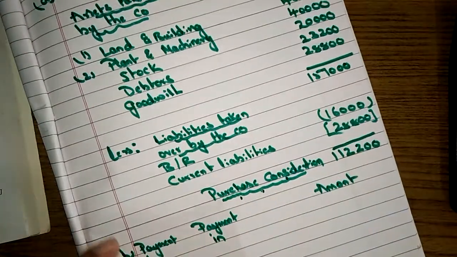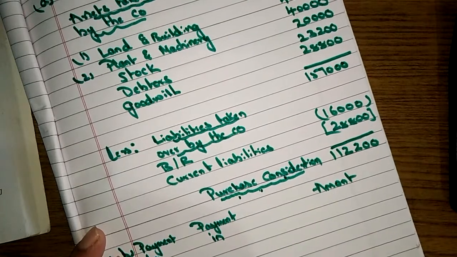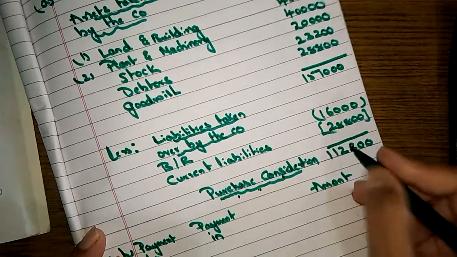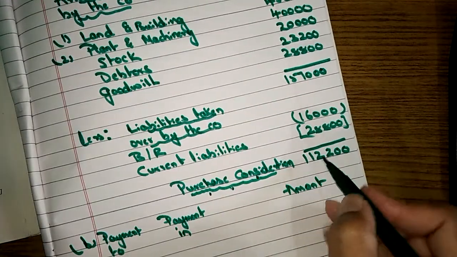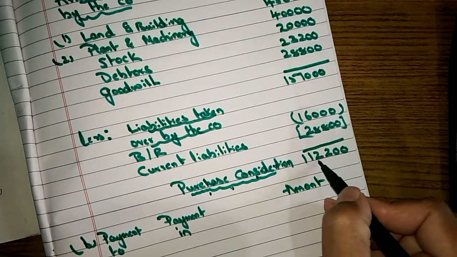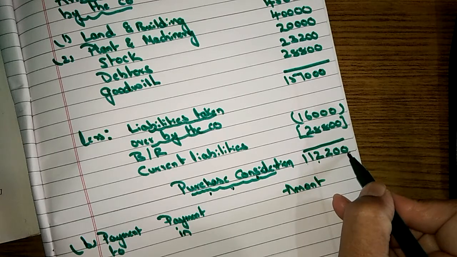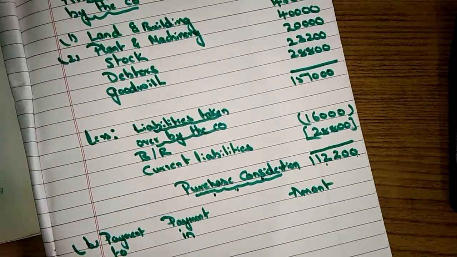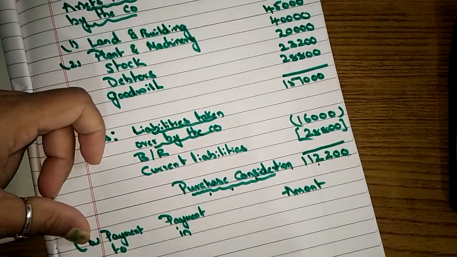We are paying it to partners, right? They are the owners. So the company is paying 1,12,200 purchase consideration to the partners for buying a partnership firm.